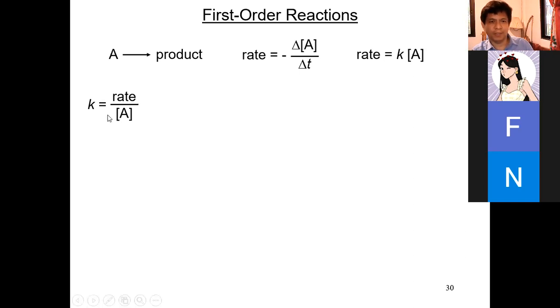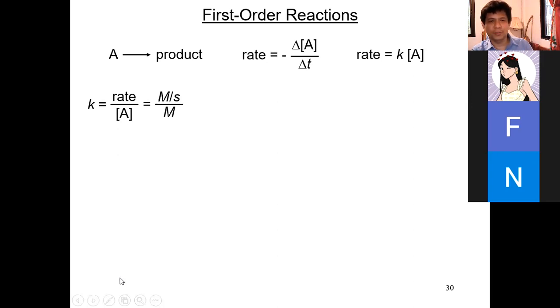Pwede naman palang ganito lang kasimple. Actually, pag nakita niyo yung marami na kayong board exam questions, maraming mga ganitong klase ng tanong, yung parang mga common sense lang. Parang, yun ba talaga yung tanong? Ang dali-dali lang.